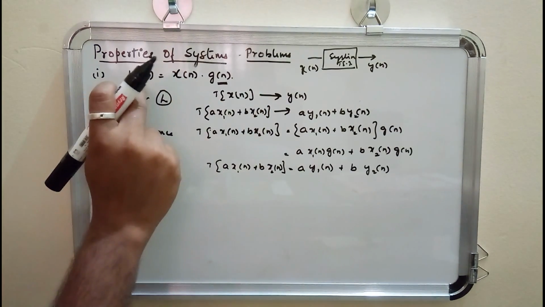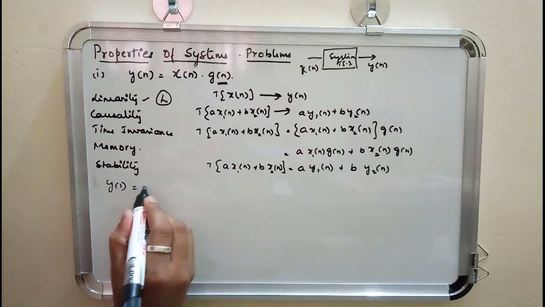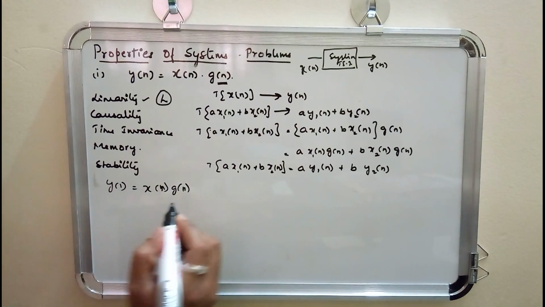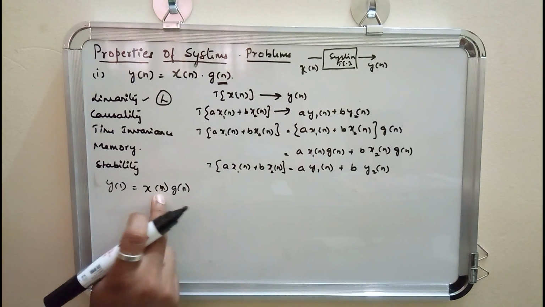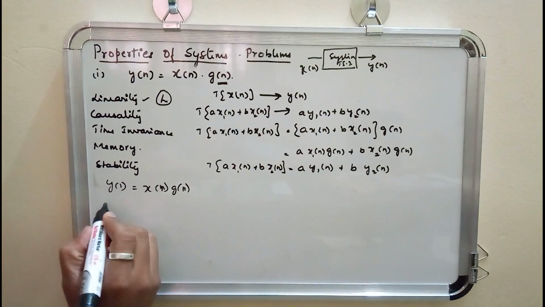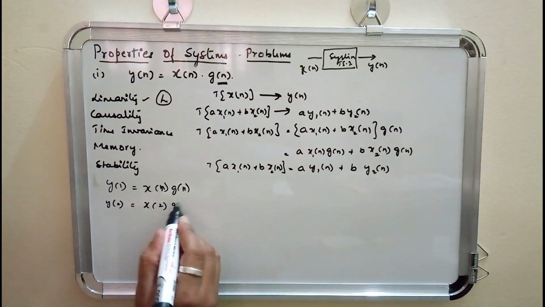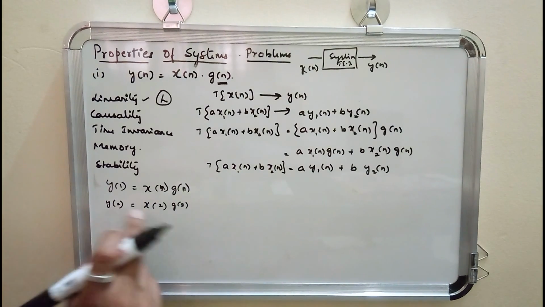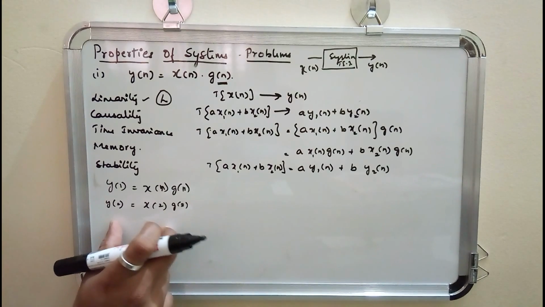Now, y of 1, if I put the value, is x of 1 into g of 1. So the output at one instant depends upon the input at the same instant. So y of 2 is x of 2 into g of 2. So here the output at the present instant depends upon the input at the same instant.